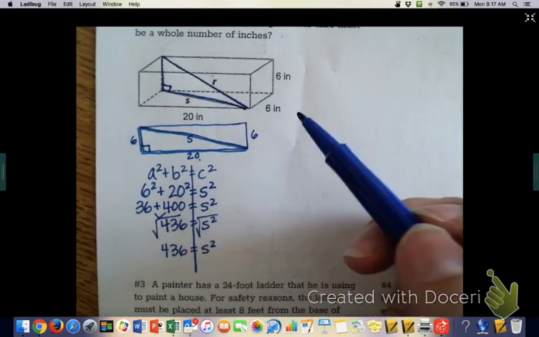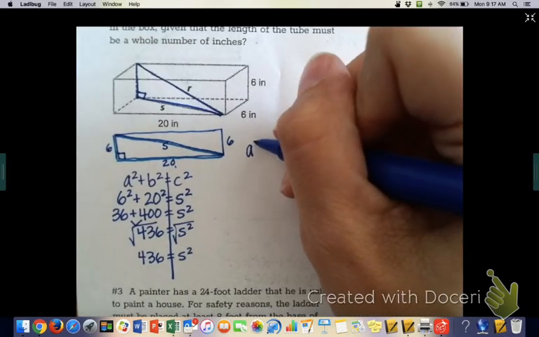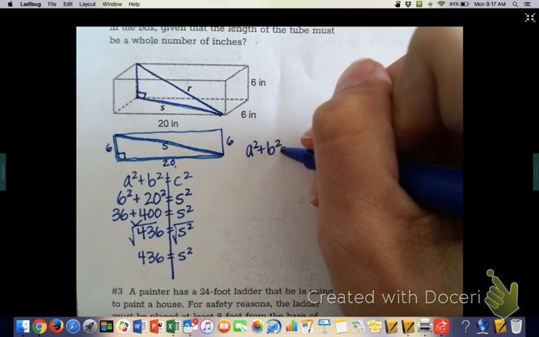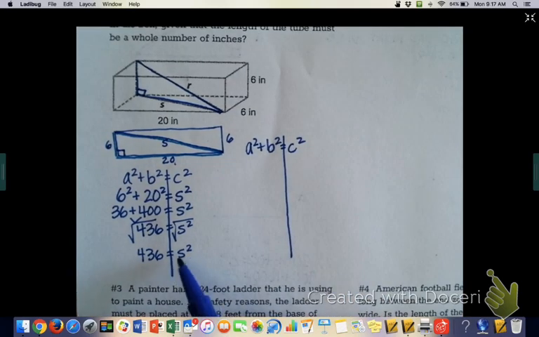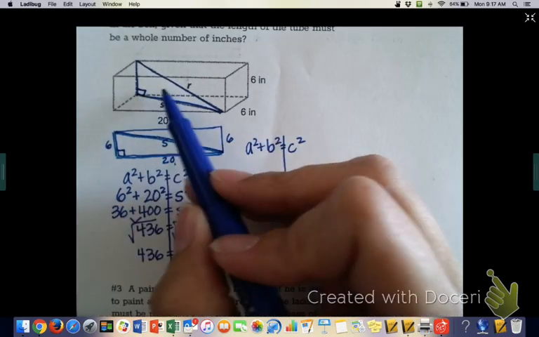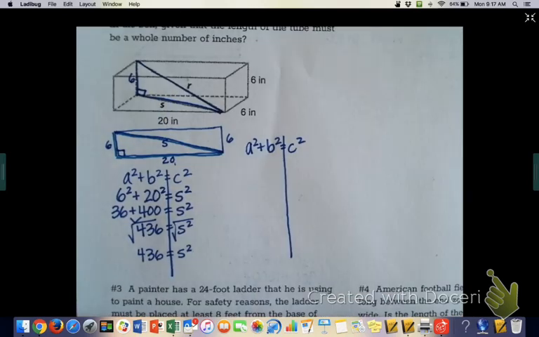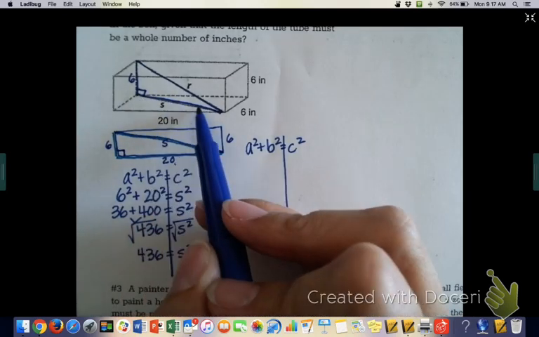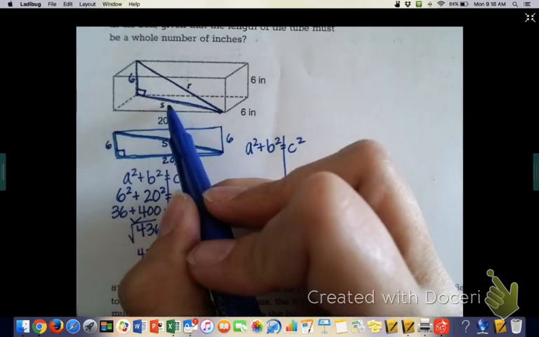So this triangle would still be, I'm just going to rewrite this over here, a squared plus b squared equals c squared. But the wonderful thing is we already know what one of the sides squared is. So we are going to take our height, which is the same as this height, so that's 6, so this side is also 6, and our length, so the two legs, which is 436 after it's squared.